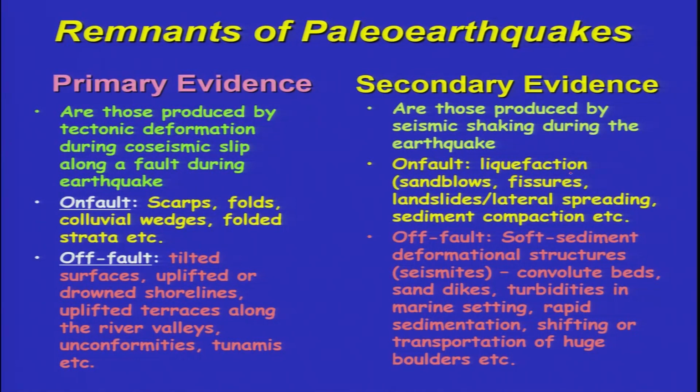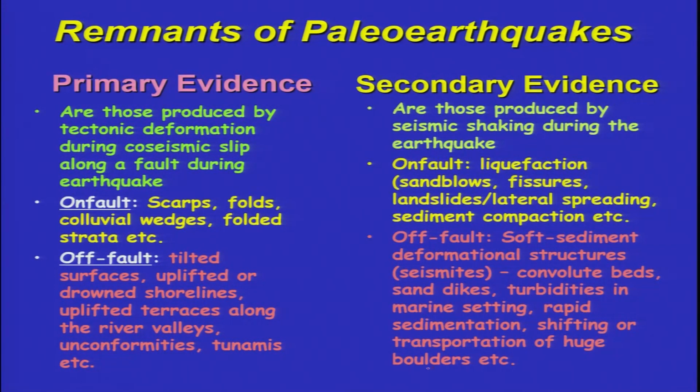You can also have liquefaction on fault as well as off fault, and the deformational structures in soft sediments, mainly alluvium, are termed seismites. So, you will have convolute beds, sand dikes, turbidites in areas where you have water bodies, mainly in the marine setting, rapid sedimentation because of ground shaking, and shifting or transportation of huge boulders.